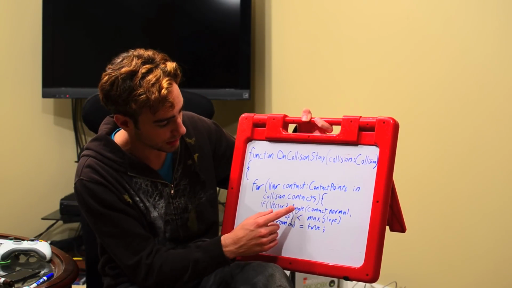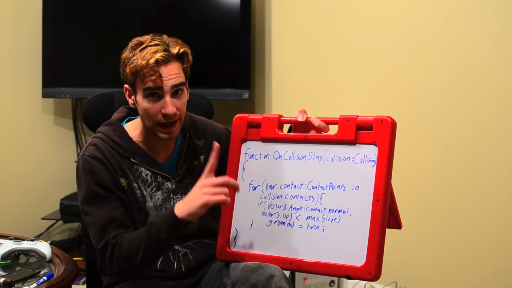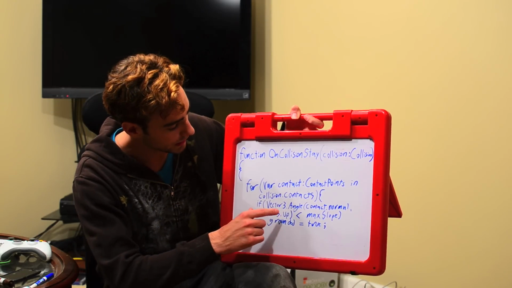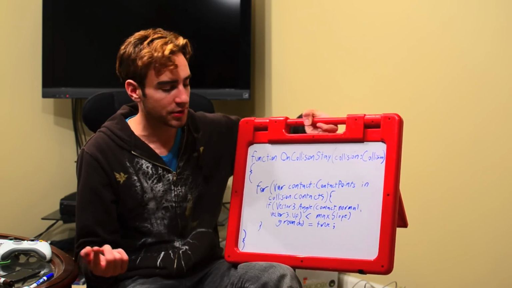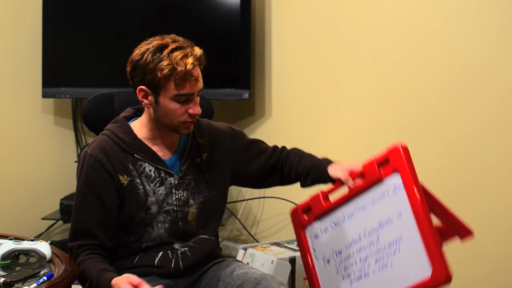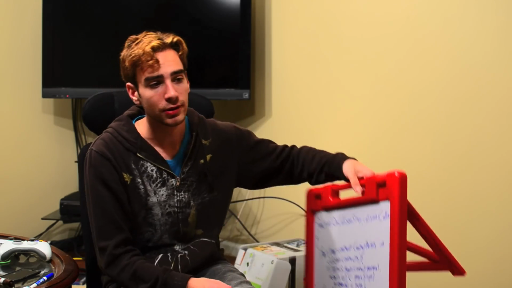That's going to return a float of the angle between those two Vector3s. And if that is less than maximum slope, it's going to return true. So if it's true, we're going to set grounded to true, and if it's grounded, we can jump.